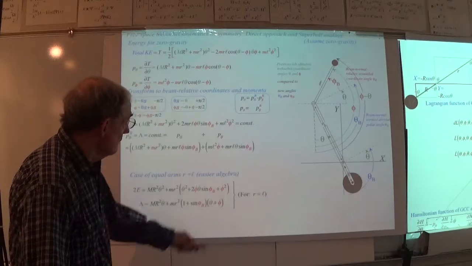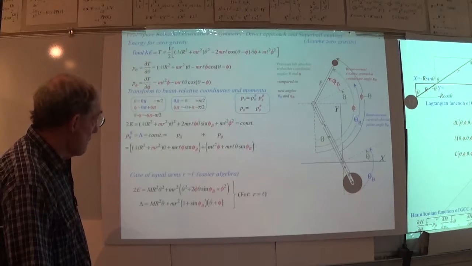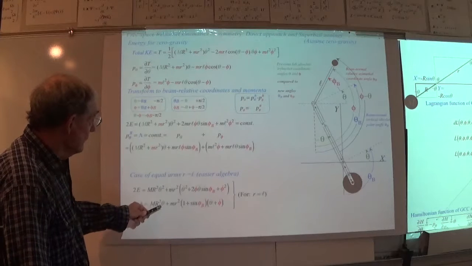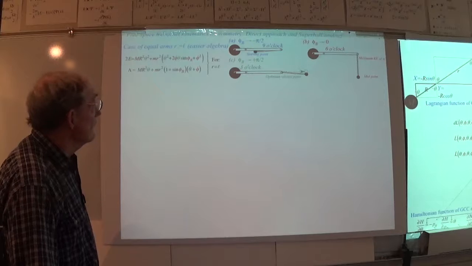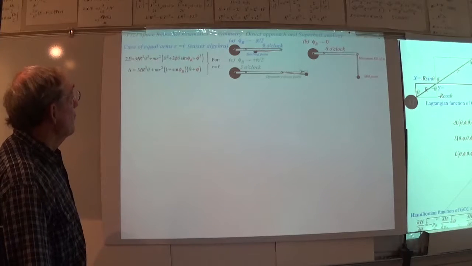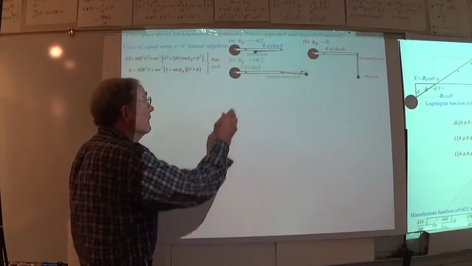That's proportional to a sum of the 2 angular velocities, but it's got this crazy thing in there as well. Now what we're going to do is evaluate these things at a starting point.